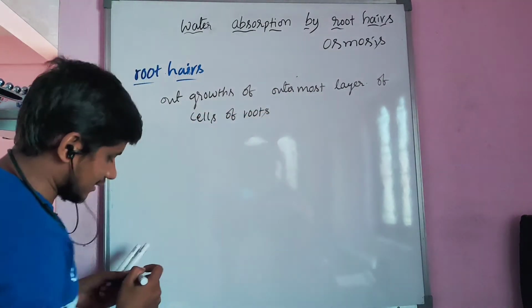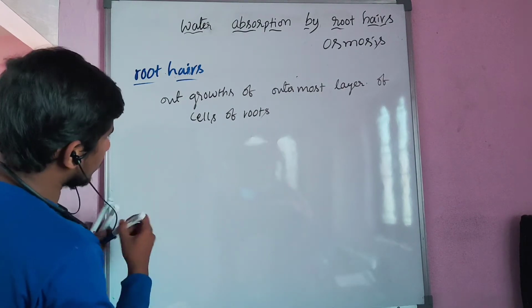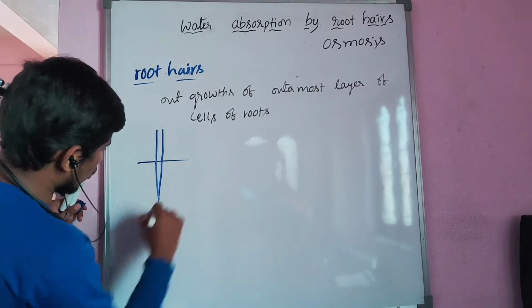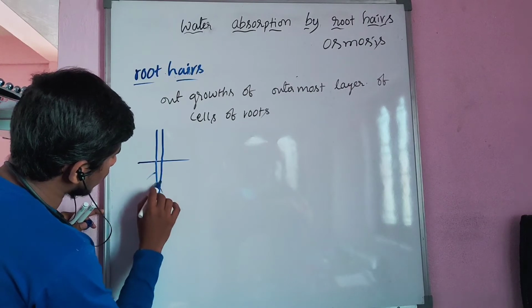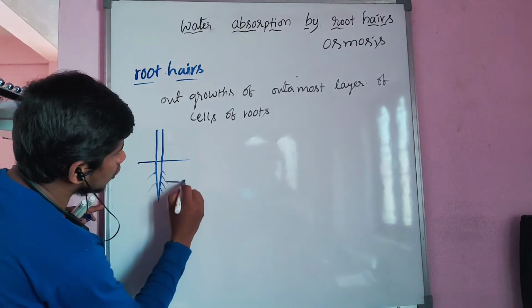To understand this, let me draw the diagram. For example, this is a plant and its root. On the root we will see very small hair-like structures called root hairs.